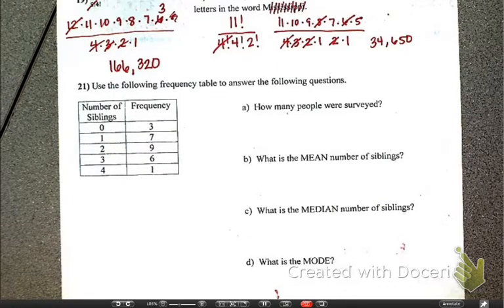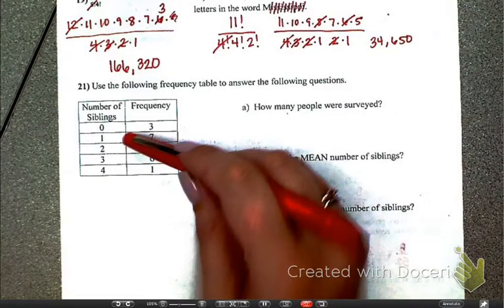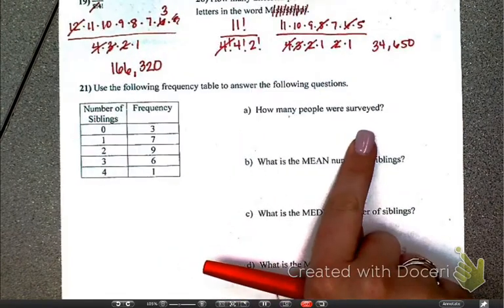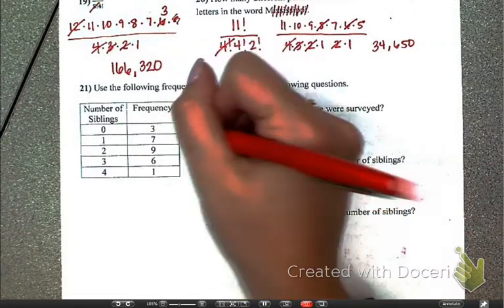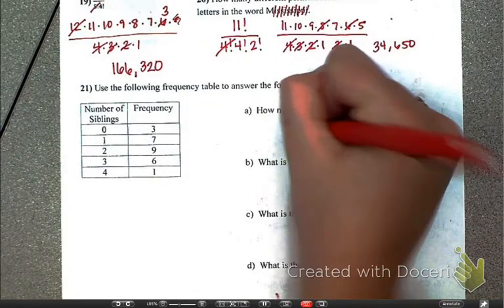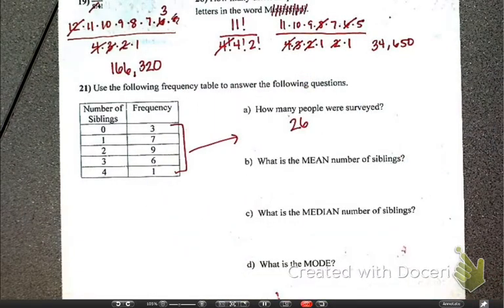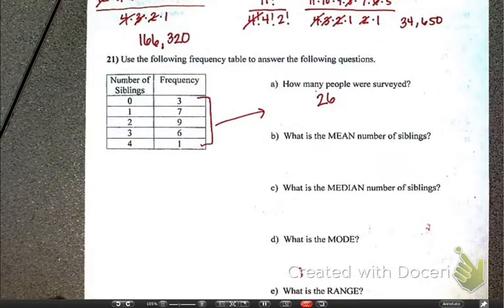Use the following frequency table to answer the following questions. So we want to know, people were asked how many siblings they had. How many people were surveyed? 26. How'd you get 26, Madison? Add the frequencies up. Okay, so you get the number of people surveyed from the frequencies. Now, before I find mean, median, mode, and range, I am going to write these out.